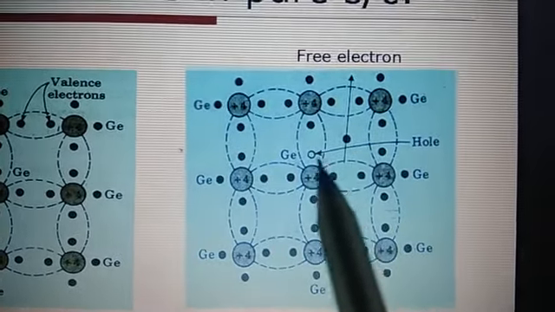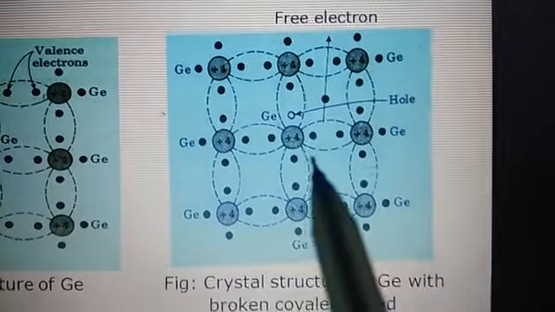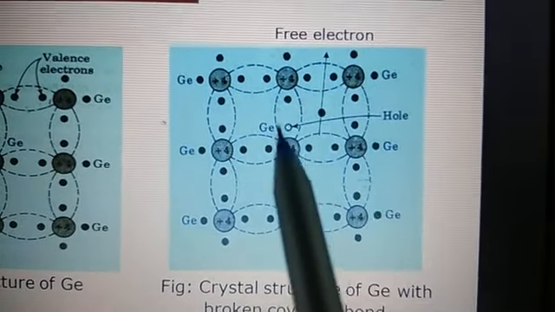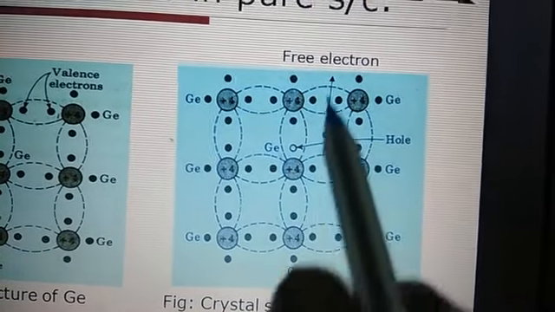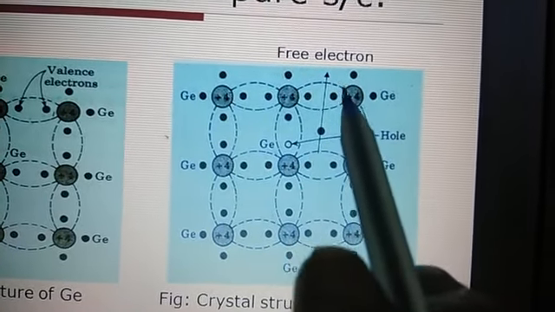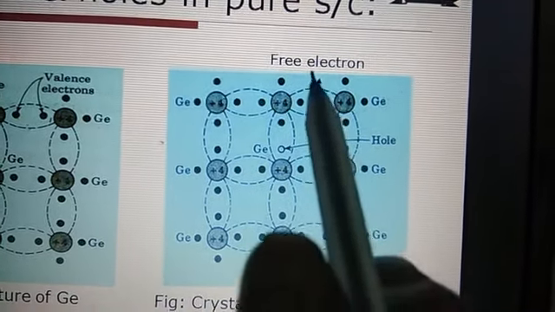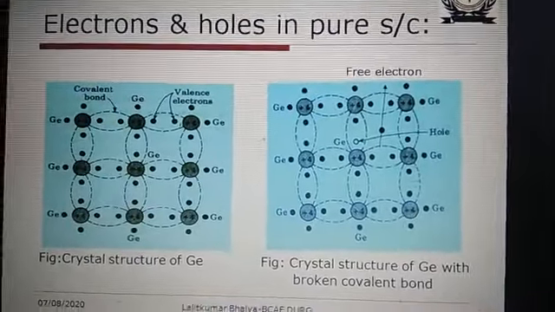So this is called a hole, and this is the free electron. This is the crystal structure of germanium after breaking the covalent bond. This movement of the electron when the covalent bond breaks produces the current, and this is the property of the semiconductor also.